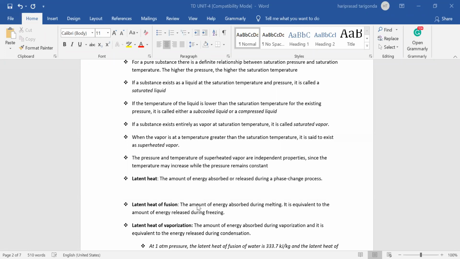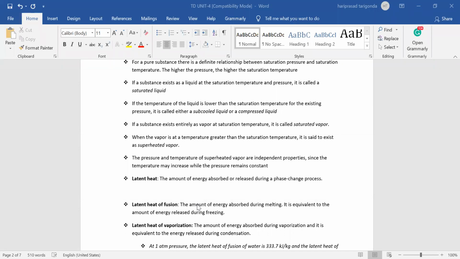Let us say an example, ice. Ice at zero starts melting, and the amount of energy absorbed during melting is called latent heat. That is the amount of heat supplied to the ice so that the ice is melting at zero. That amount of heat is called latent heat of fusion.